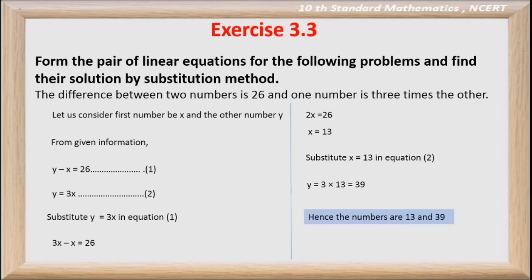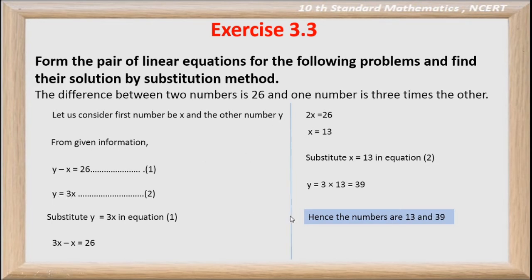Hence the numbers are 13 and 39. See here, the difference between two numbers is 26 and one number is 3 times the other. So one number, x, is 13 and the other number is 39. You can check that. 39 minus 13 is 26.